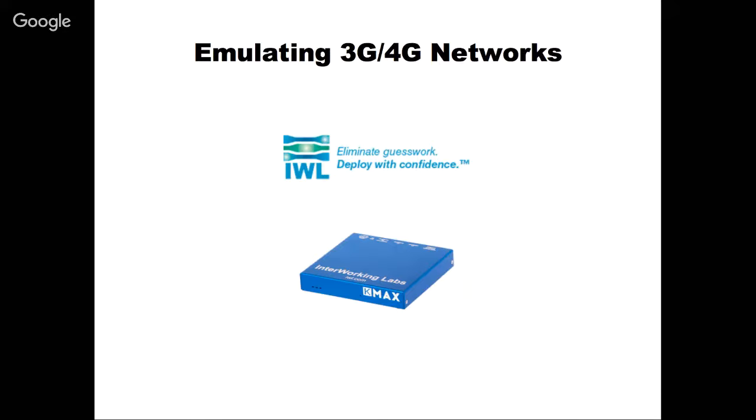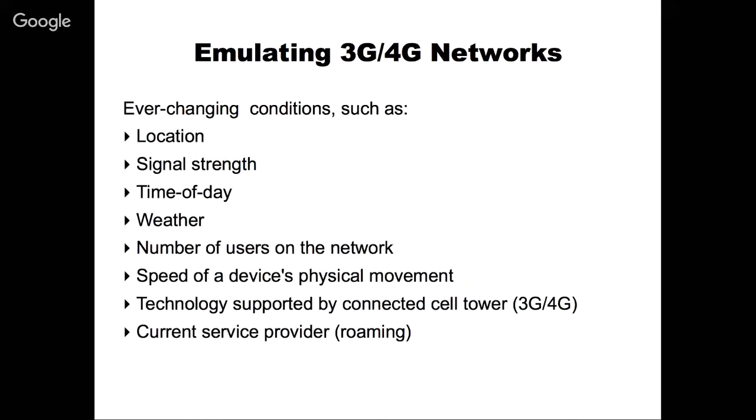With KMAX, you can emulate any network conditions such as 3G and 4G networks in the lab and see how your app or devices behave before deployment. Mobile networks have very different characteristics from wired networks, so your apps and devices will perform differently. Developers such as yourselves need to test apps and devices for mobile compatibility to make sure that end-user experience will not suffer.